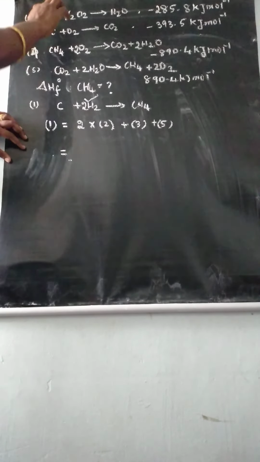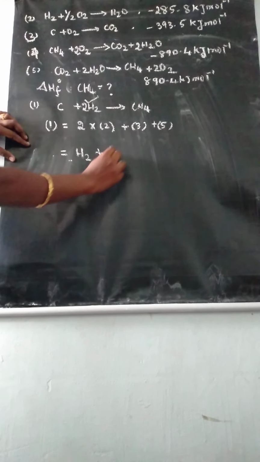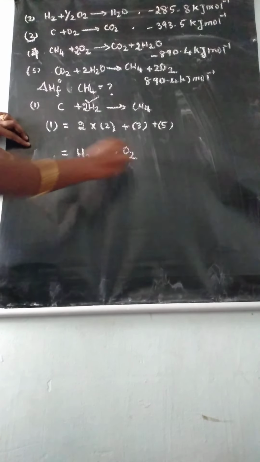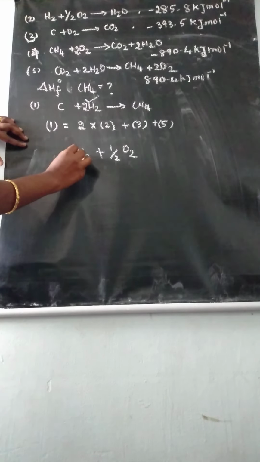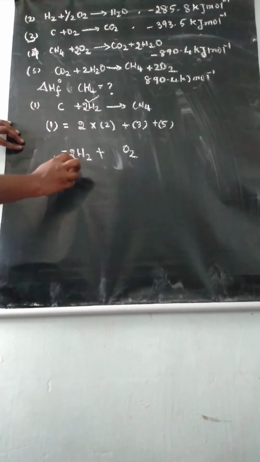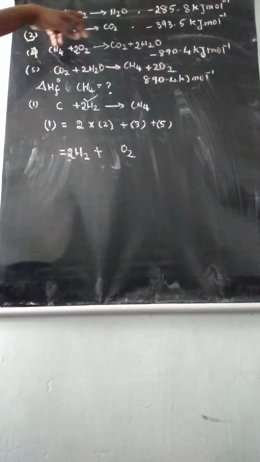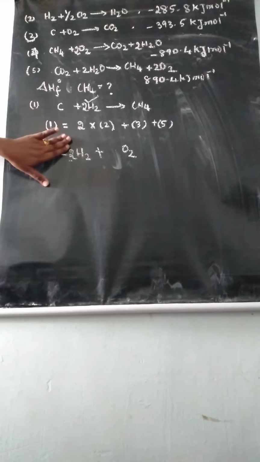Tell the answer. First, equation 2 into 2. Equation 2 is H2 plus half O2, into 2 means 2H2 and O2. So you will get the answer 2H2 plus O2, on the left side.